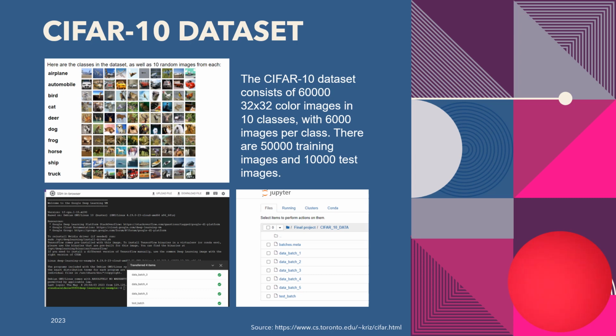We can see that we have images of airplanes, automobiles, birds, cats, deer, dogs, frogs, horses, ships, and trucks. And in the pictures below, we can see that this dataset has been uploaded using SSH in browser in order to have it all available to work on in Jupyter Notebook.